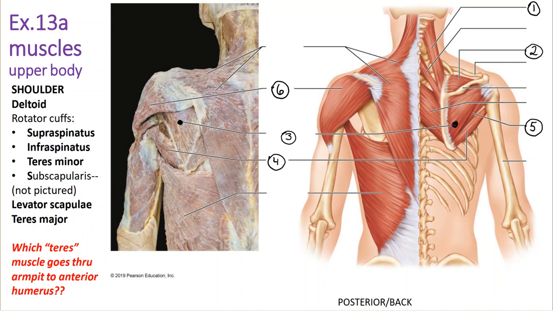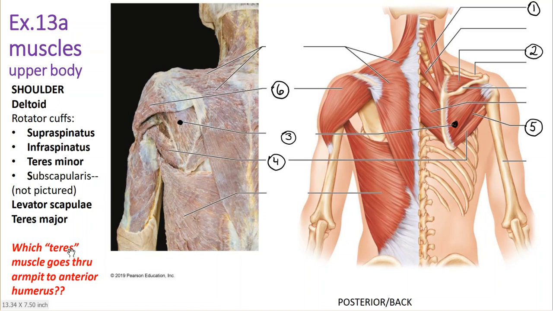Cool. And then a little clue, which teres muscle goes through your armpit to the anterior humerus? So it's going to do a different action. One of these teres muscles is going to do medial rotation at your shoulder, and one of them is going to do lateral rotation at your shoulder. So that clue right there can kind of help you understand that.